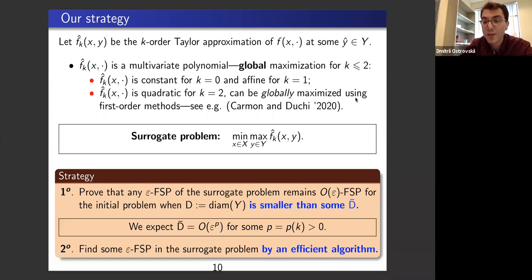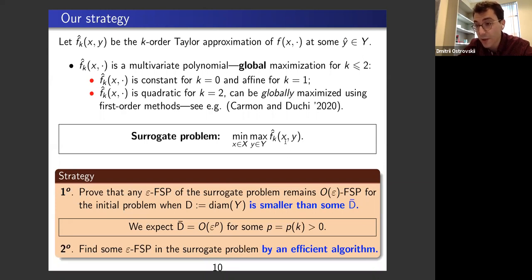Now, what is our strategy? Our strategy is to assume that Y is a small set, small enough for the global Taylor approximation to work. What this means, I will explain in a second. And instead of the problem f of x, y, we consider the problem with f hat k of x, y, which is simply the function in which you take the kth order Taylor expansion in y of your f for any point x.